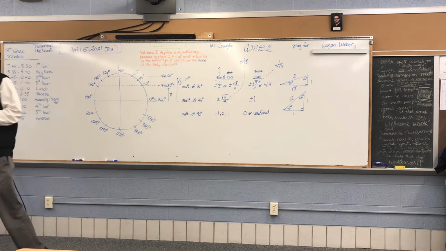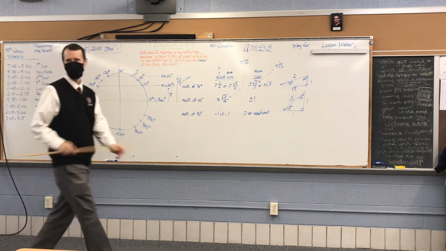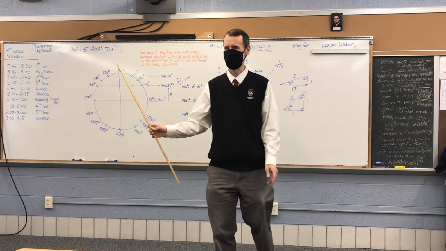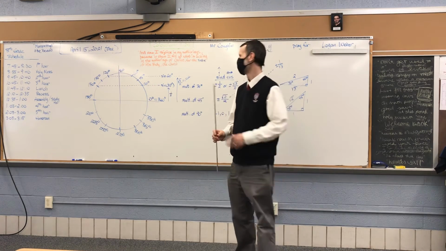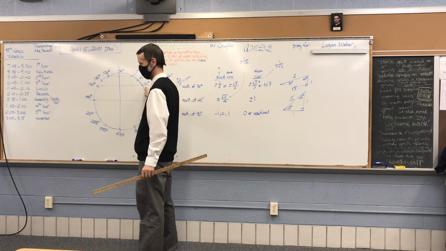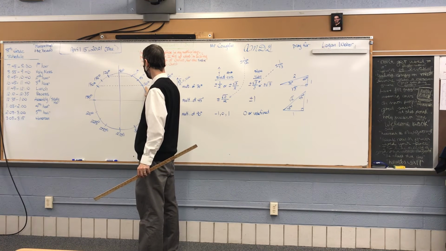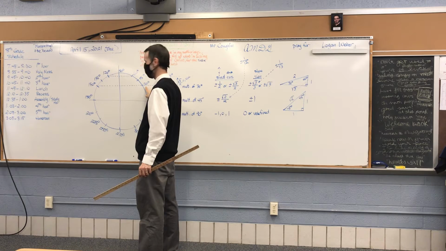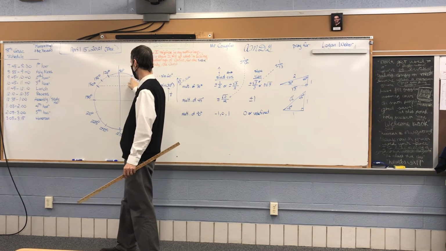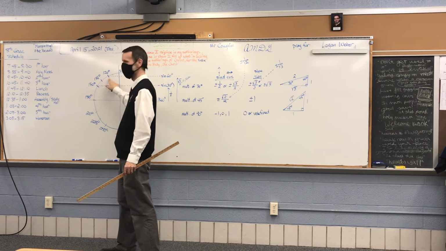Tangent. I'll do multiples of 30. We ready? I'll do it in a predictable order this time. Follow your eye. Tangent. Radical 3 over 3. Sophie, tangent. Radical 3. Pete, tangent.